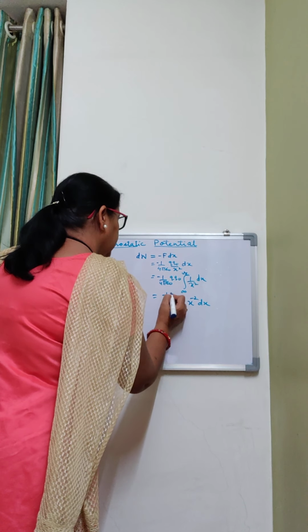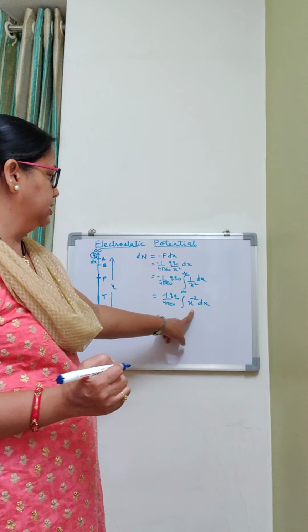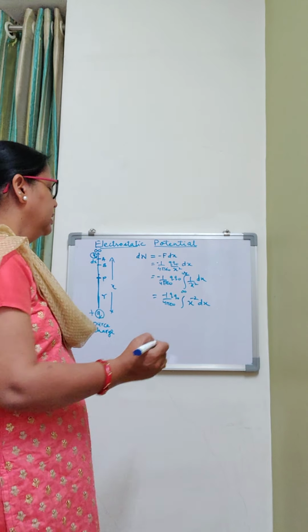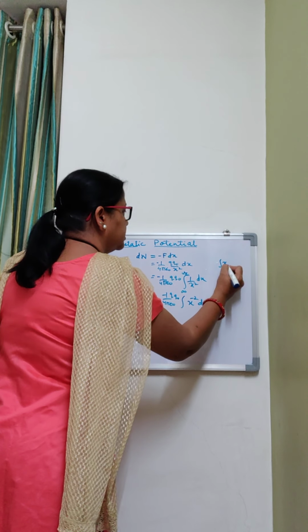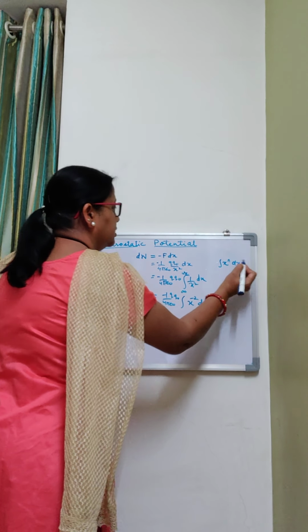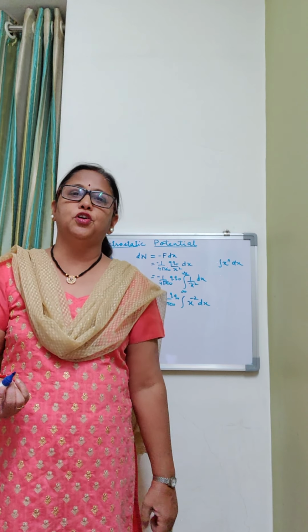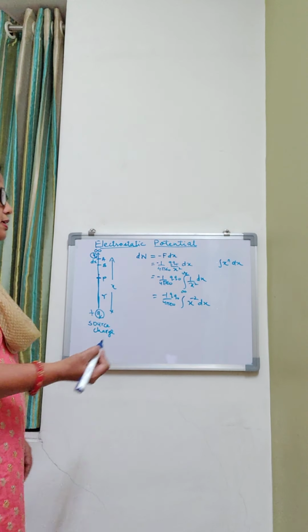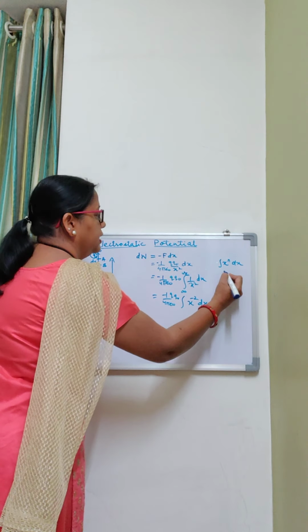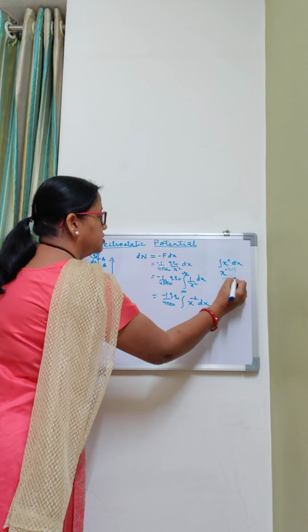So we can write the step like this: Q naught 1 upon 4 pi epsilon naught x raised to minus 2 into dx. You have to remember the formula for integration of x raised to n dx, which we have studied in integration. The formula is x raised to n plus 1 upon n plus 1. So here it will be x raised to minus 2 plus 1 upon minus 2 plus 1.